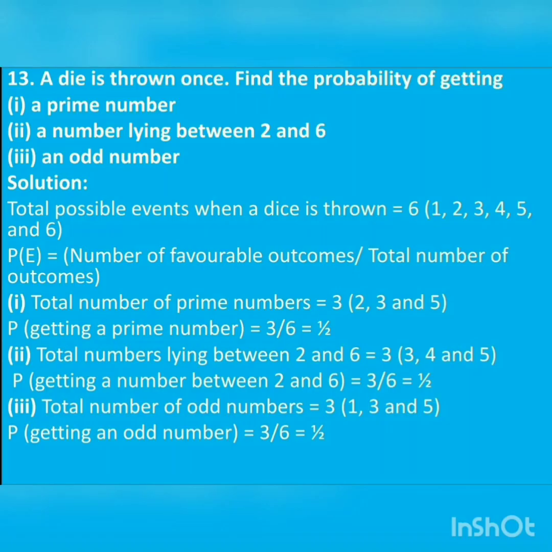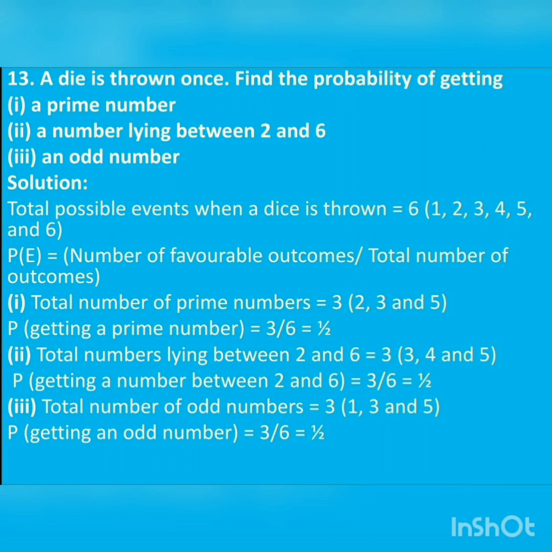Next question: a dice is thrown once. What is the probability of getting a prime number, a number lying between 2 and 6, and an odd number? There are a total of 6 outcomes whenever we throw a dice. So what is the probability of getting a prime number? On a dice, there are 3 prime numbers: 2, 3 and 5. So its probability will be 3 by 6.